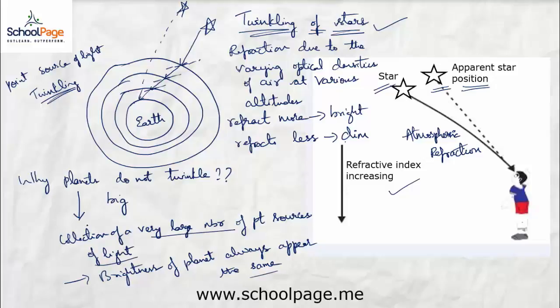So we have understood that planets do not twinkle because the continuously changing atmosphere is unable to cause variations in the light coming from a big-sized planet.